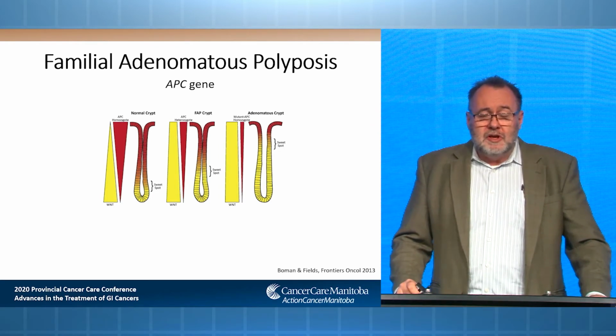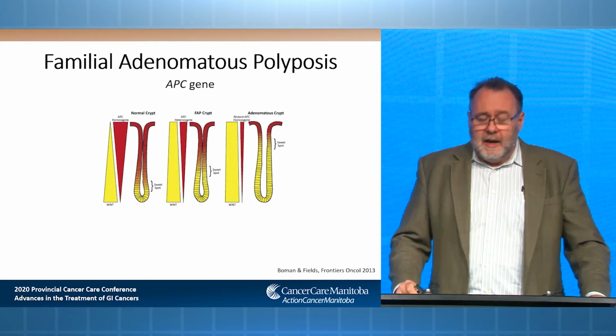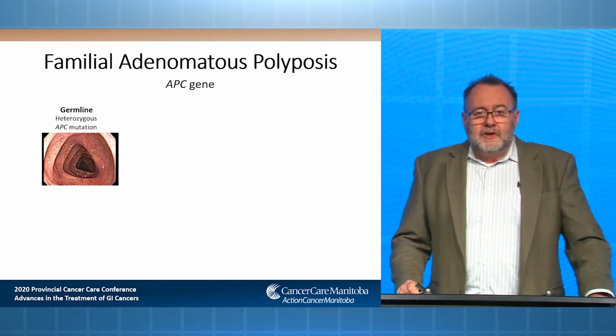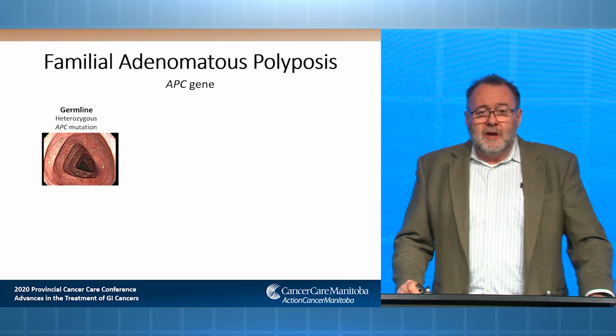Losing the APC gene deregulates this wingless signaling, and the number of progenitor-like cells that are potentially able to give rise to a tumour expands within the crypt, shown on the right, with the increasing numbers of yellow cells. So the number of cells that are vulnerable for transformation into cancer becomes expanded as a result of inactivation of this tumour suppressor gene.